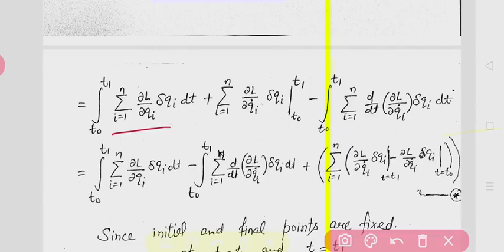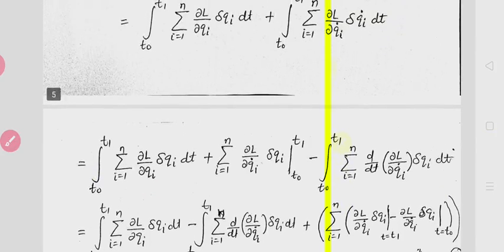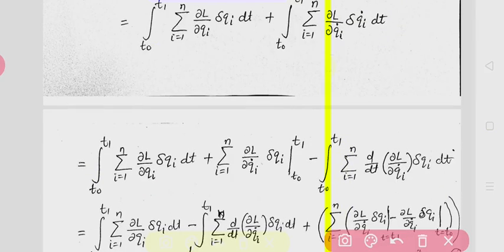This term, the first function, as it is, integration of the second. This is the first function, this is the second. So the first as it is, integration of the second, with the summation outside, i varying from 1 to n within the limit t0 to t1, and minus the integral of the derivative of the first into the integral of the second. That was the summation of the integral, but you can change it as the integral of the summation. That will be the same.